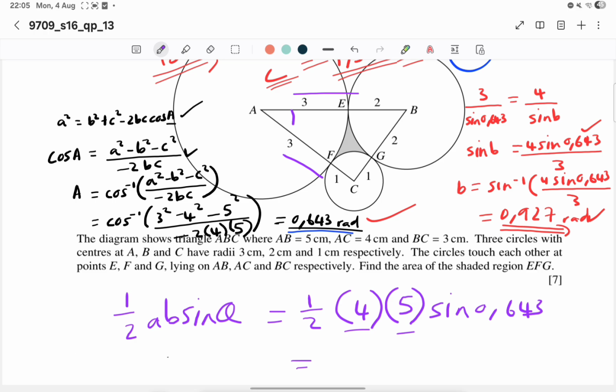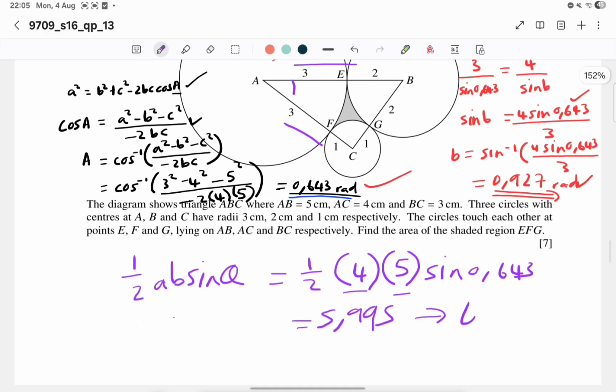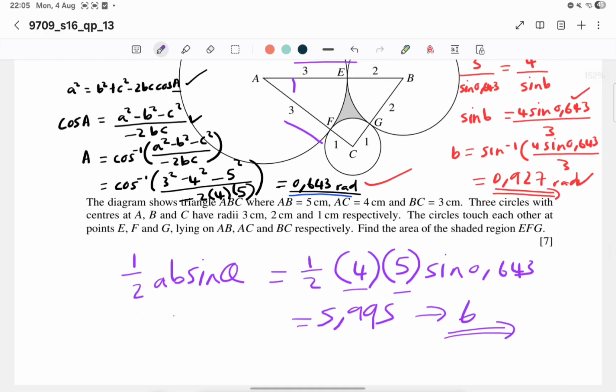The area of the triangle comes down to 10 sine 0.643, which is 5.995, which will give us 6 after rounding off.